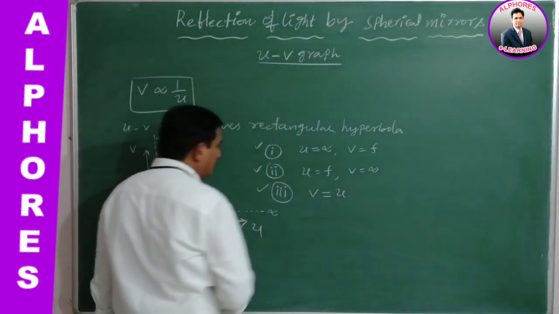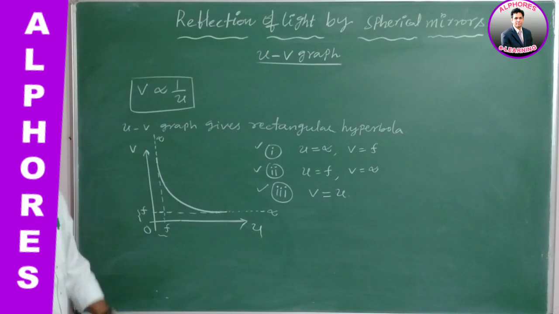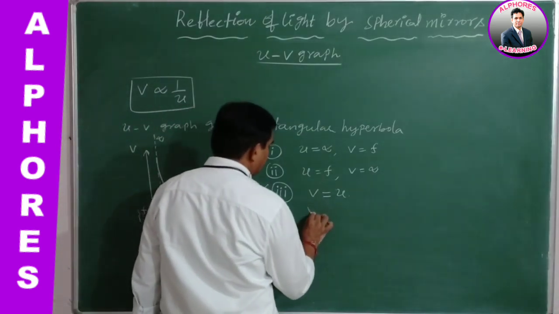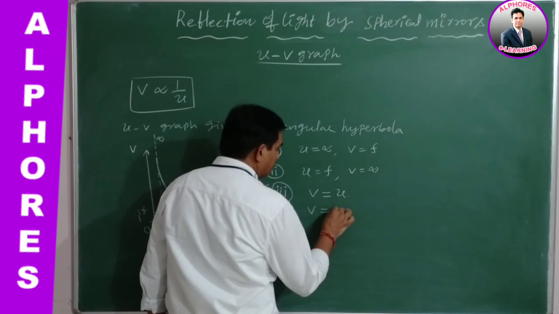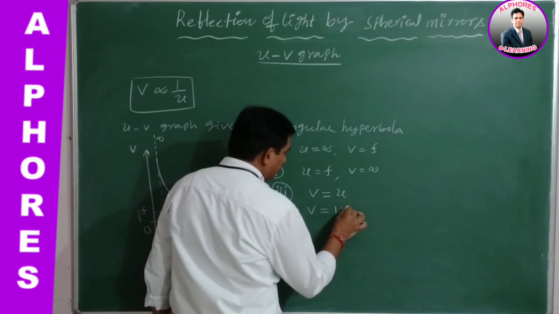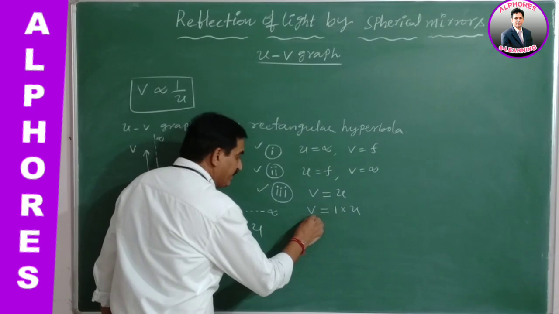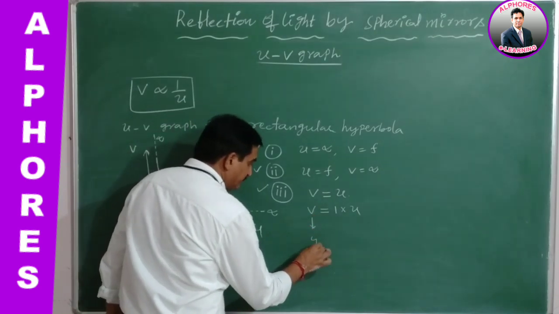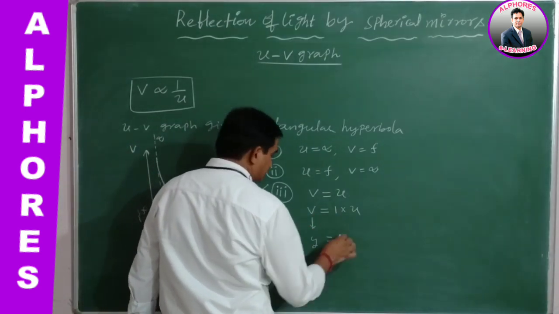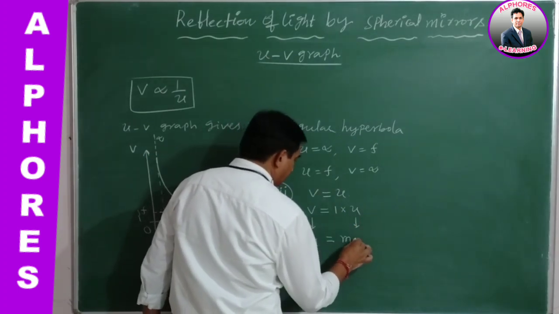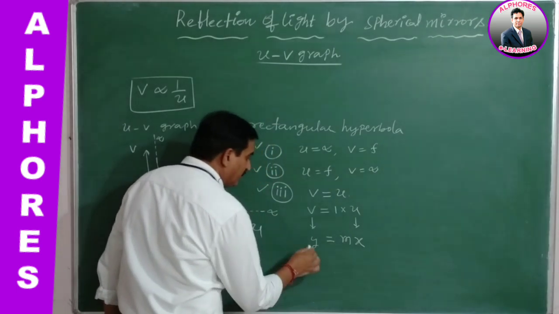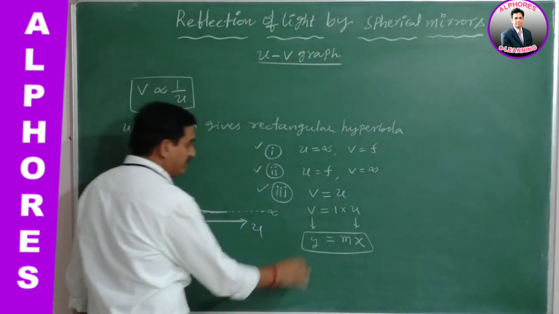And go for the third one. When V is equal to U, it is U multiplied by 1, U. So V is on the y-axis, slope is 1. U is on the x-axis, therefore it is y is equal to mx line.